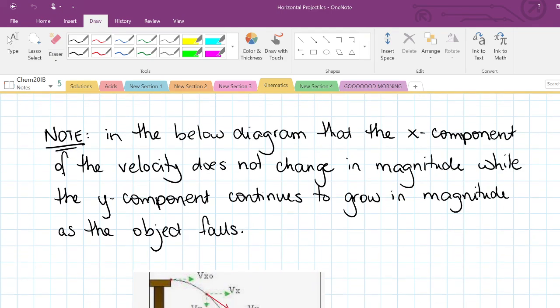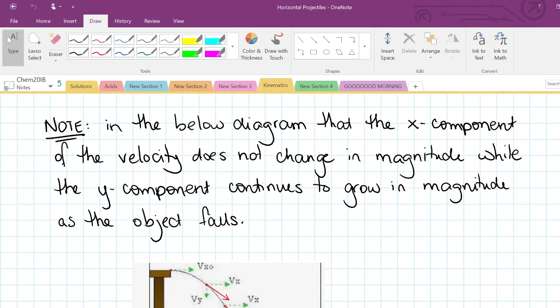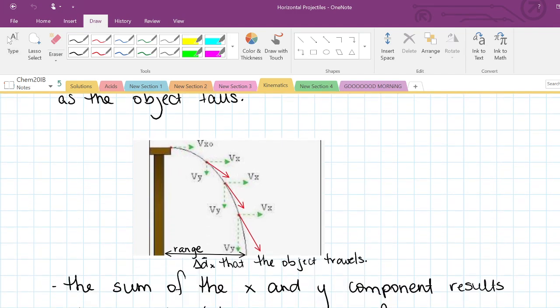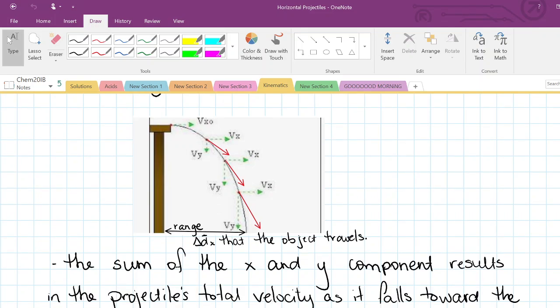So I already discussed this briefly in the above diagram, but what I do want to show you here is that you'll notice that this x and this y component, because these are vectors, remember that what we've always said is that the sum of the vectors will always add up to the resultant vector.